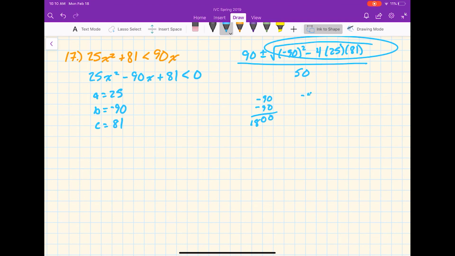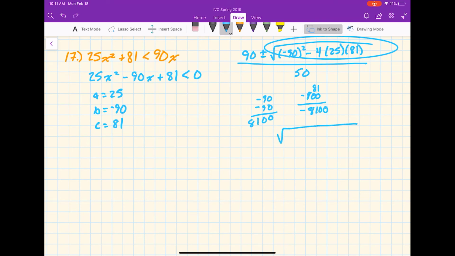And then the other side is 100 times 81, and that is going to be 8100 as well. See, this is why I don't trust myself. I added 8100 on this side, and this side is going to be negative 8100.